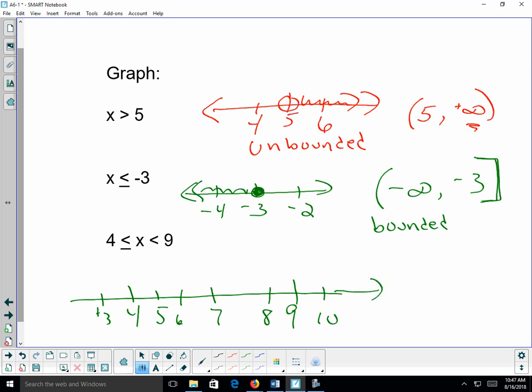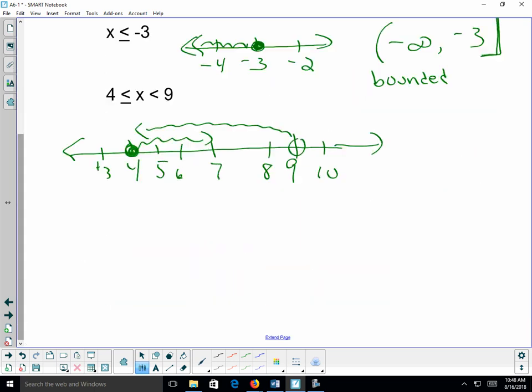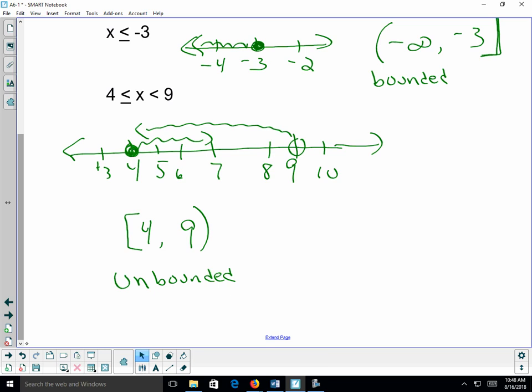So I have all my numbers. x is greater than or equal to 4, so I'm going to have a closed circle on 4. x is greater than, so that would include all the points to the right. x is less than 9, so I'm going to have an open circle on 9, and all the points to the left. To write this in interval notation, my lowest point is 4, my highest point is 9. I include the 4, I do not include the 9. This is a bounded inequality.